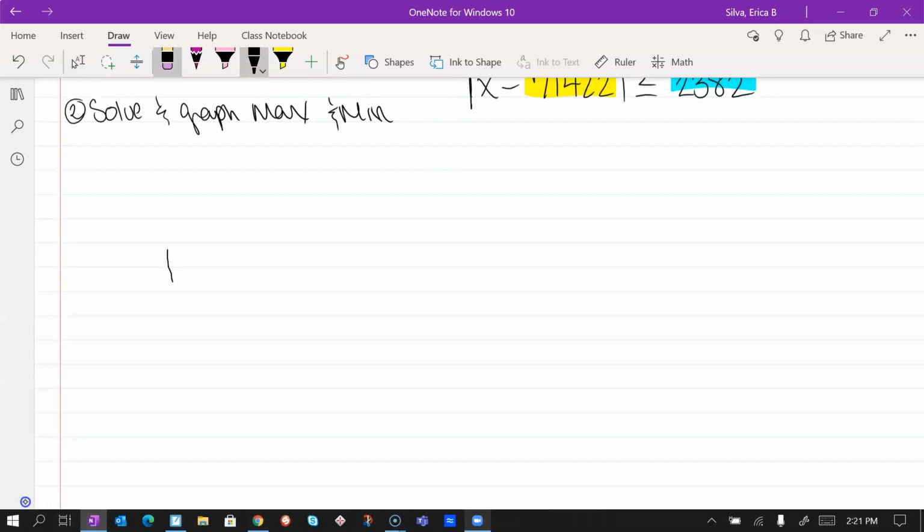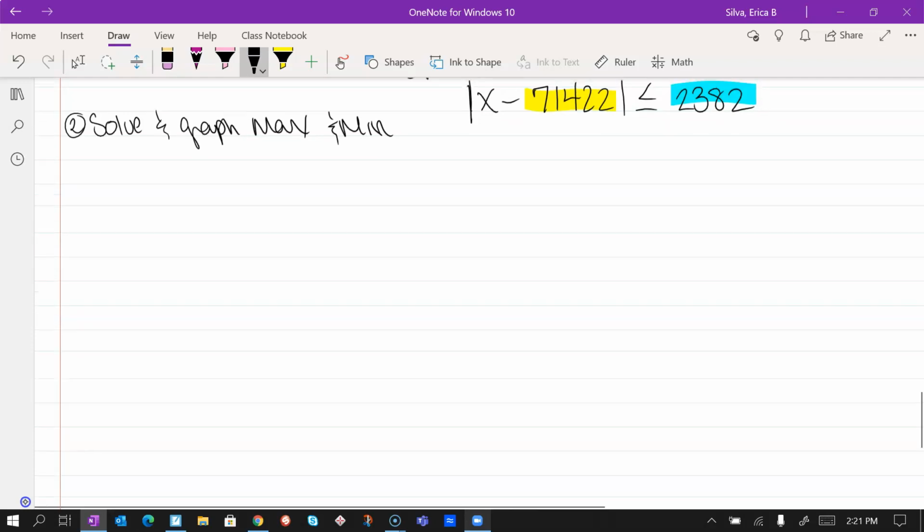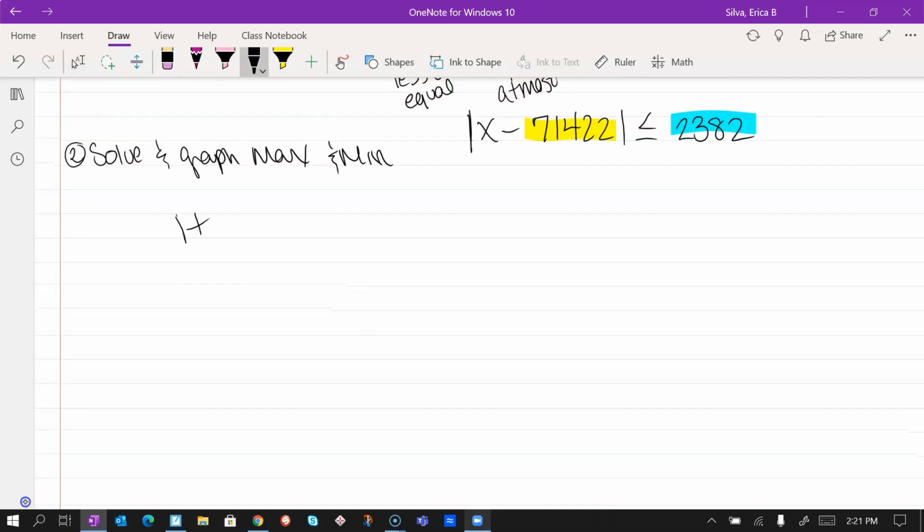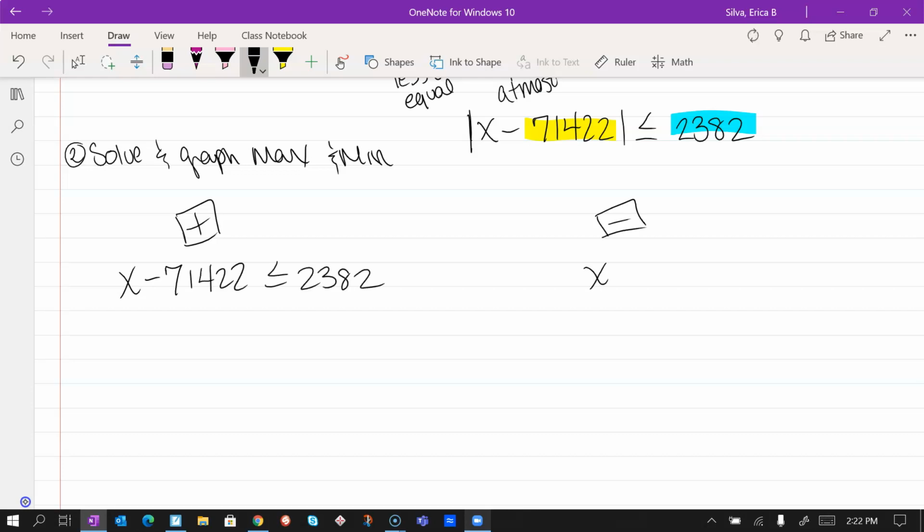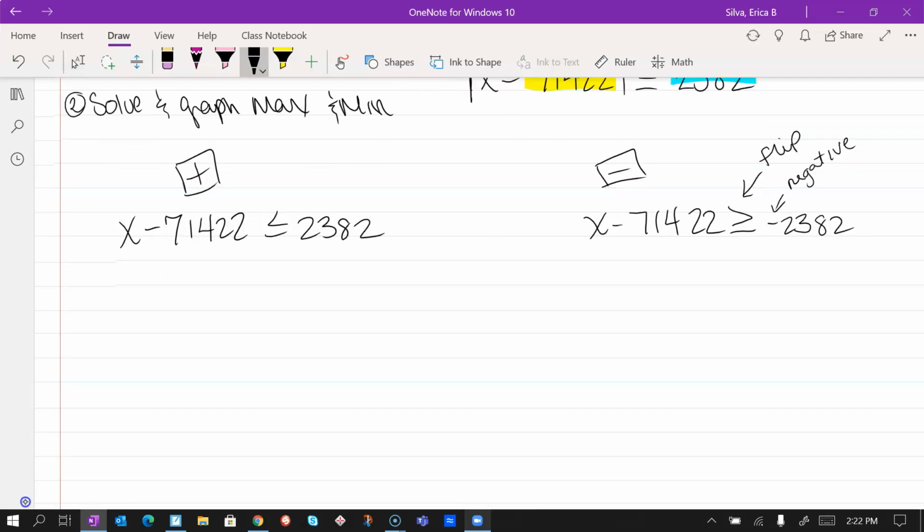Remember, for our positive value, we write it exactly the way it is. And for our negative one, everything switches. So we flip our sign and we make it negative. Let's go ahead and solve.